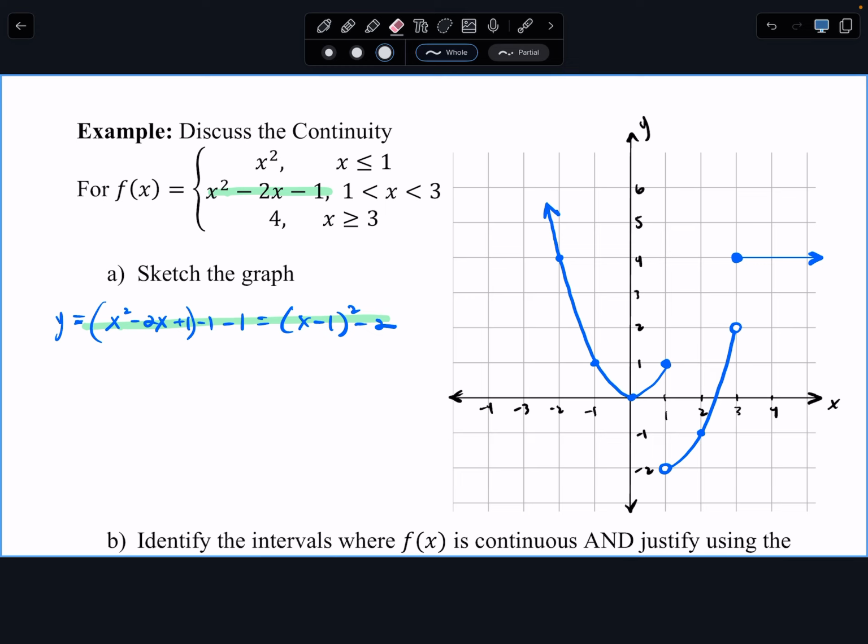But since the endpoints of the intervals are not included, there would be an open circle at x equals 1, and the same thing at x equals 3. Then the horizontal line y equals 4 for the last piece, whenever x is greater than or equal to 3. Did we all come up with something that resembles this?